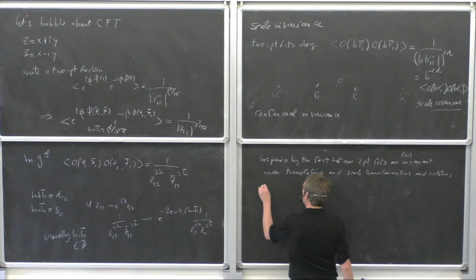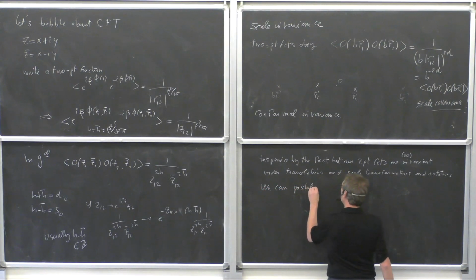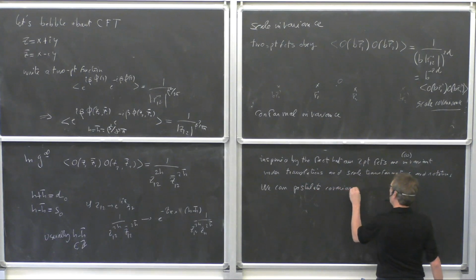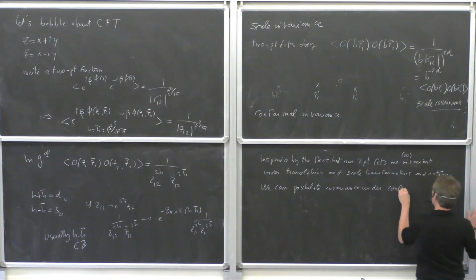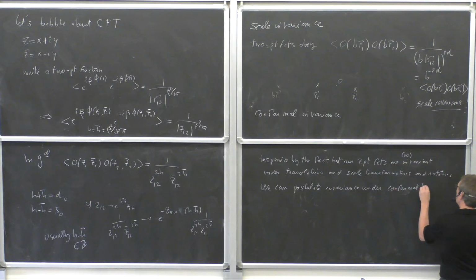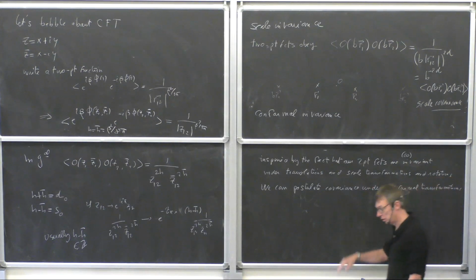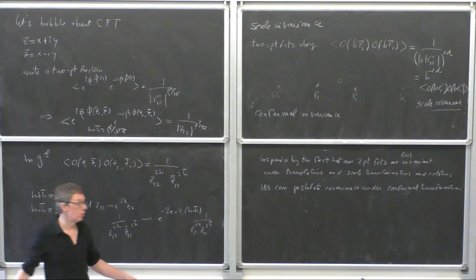So we can postulate covariance under conformal transformations. And conformal transformations are transformations that are locally equivalent to combinations of these, and in 2 dimensions, they are simply the analytic transformations.